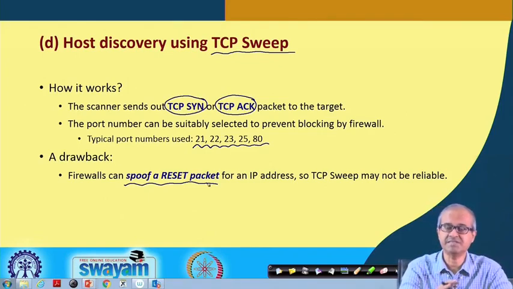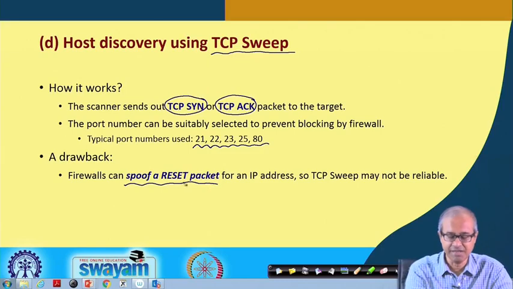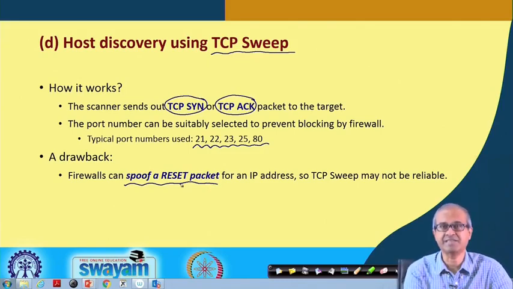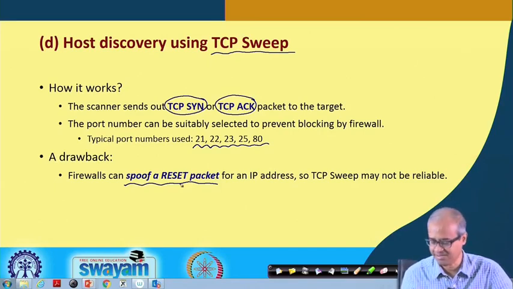So, in some cases such a request can be terminated by sending back a connection reset packet, so that you will not know whether that particular host was up or not. It is the router or the firewall which is sending you back the reset packet. Okay.